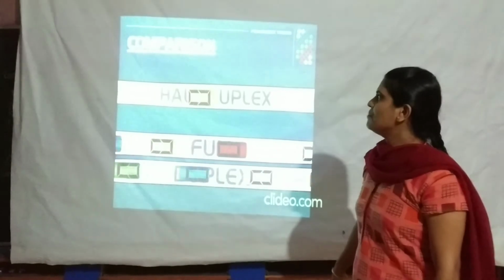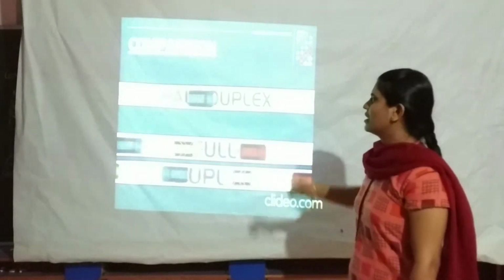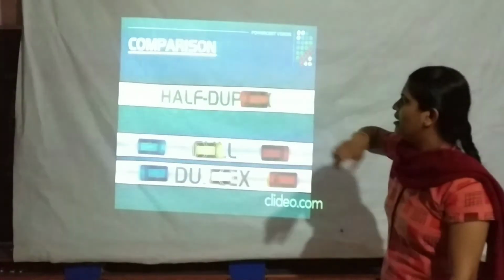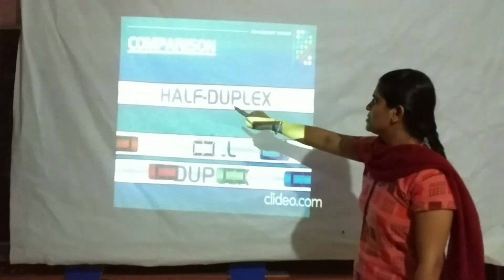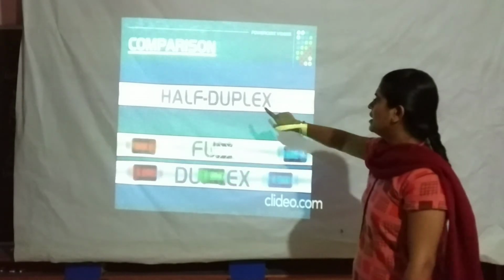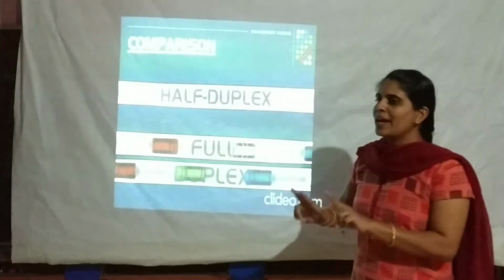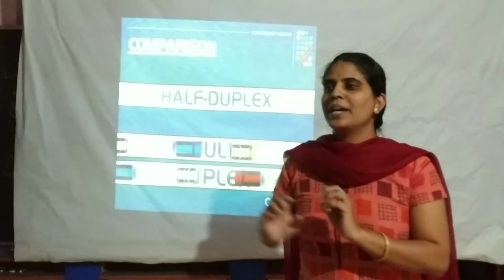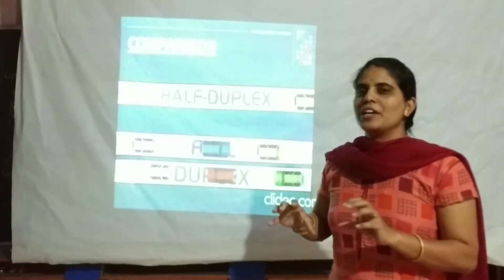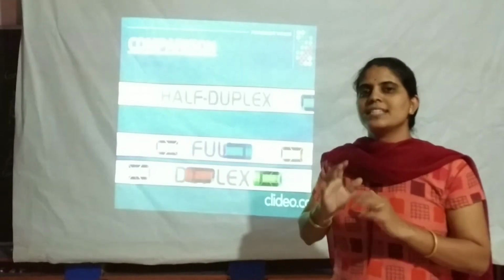Here is a real-life comparison of half duplex and full duplex. In half duplex, it is a two-way road like a bridge, where only one vehicle can pass at a time.